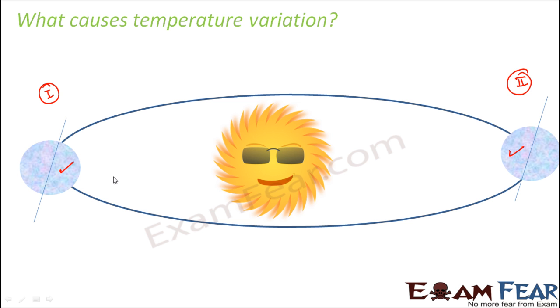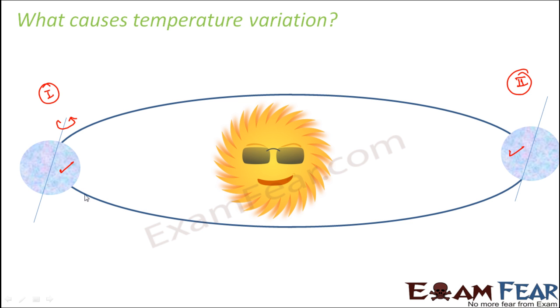Now, one more important thing to be noted is that Earth is revolving around the sun, and at the same time, Earth is also rotating about its own axis. So this is the axis of the Earth, and it is also rotating about itself. As it rotates about itself and revolves around the sun, at every point of time only a particular part of the Earth is receiving the heat and light from the sun. So that part of the Earth has a higher temperature when compared to the other part.